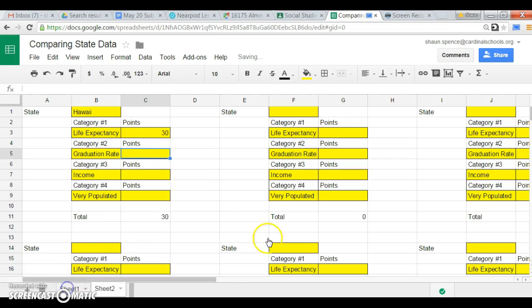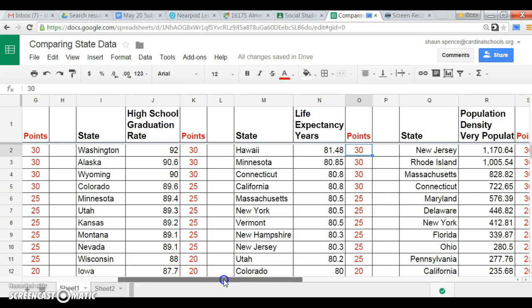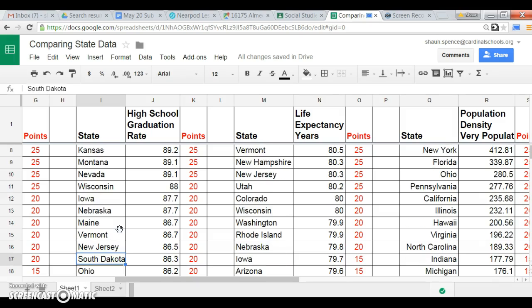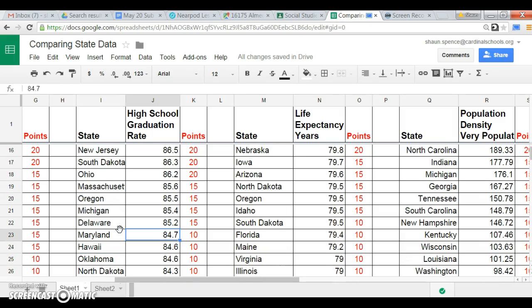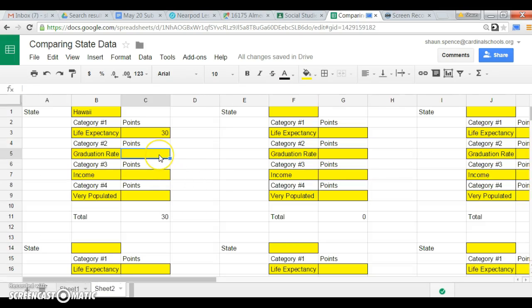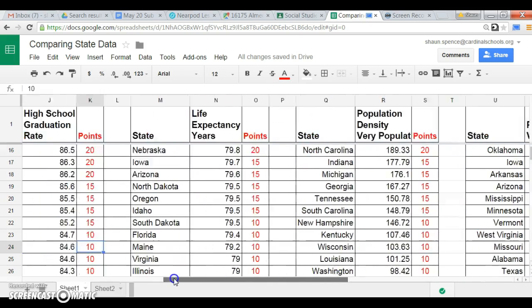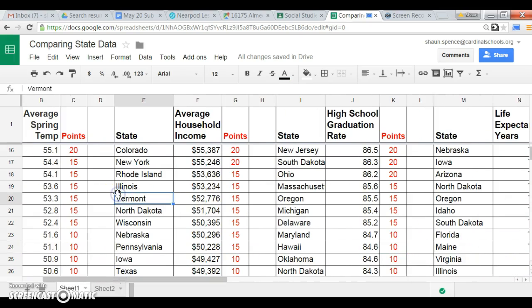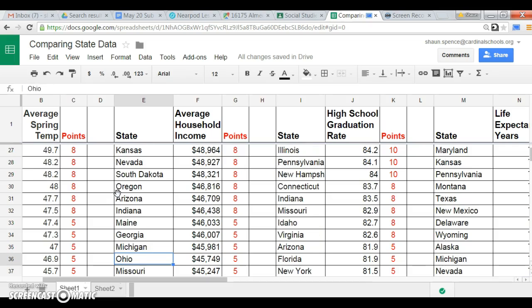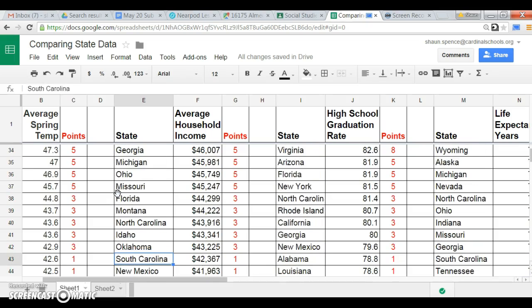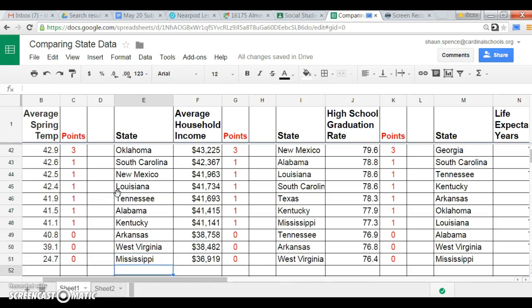Graduation rate. I have to search for Hawaii here. And they have 10 points for graduation rate. Income, the average household income. Scroll down until I find it.